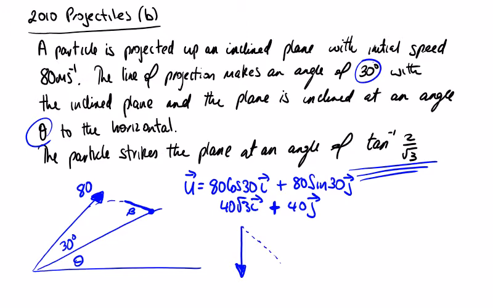So for my j, we've rotated our i and j around to be like this. We are looking at theta. So minus g, it's adjacent, minus g cos theta. And in that x direction, we're going to have minus g opposite theta, sine theta.